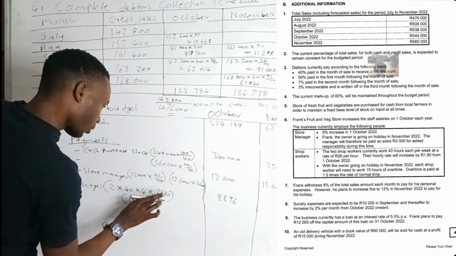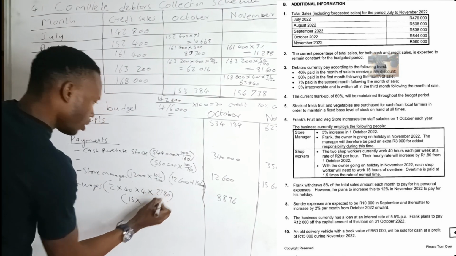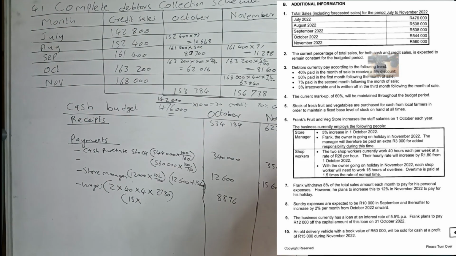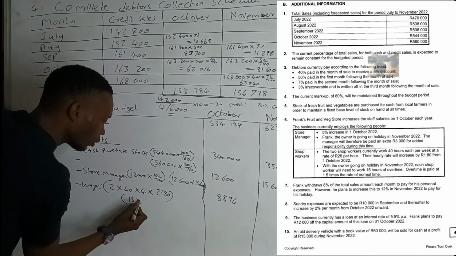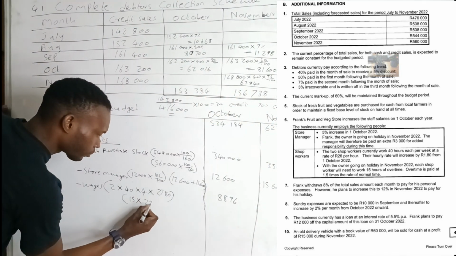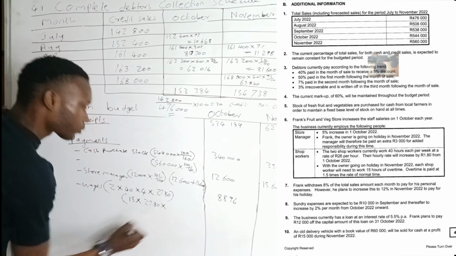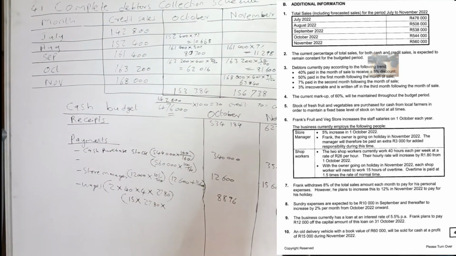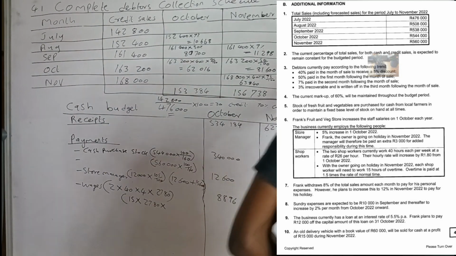Okay, it's supposed to be 27, sorry, it's 27.80. 26 plus, yes, 27.80, this one. Okay, multiply by 27.80. Then we multiply by how many employees do we have? 2.